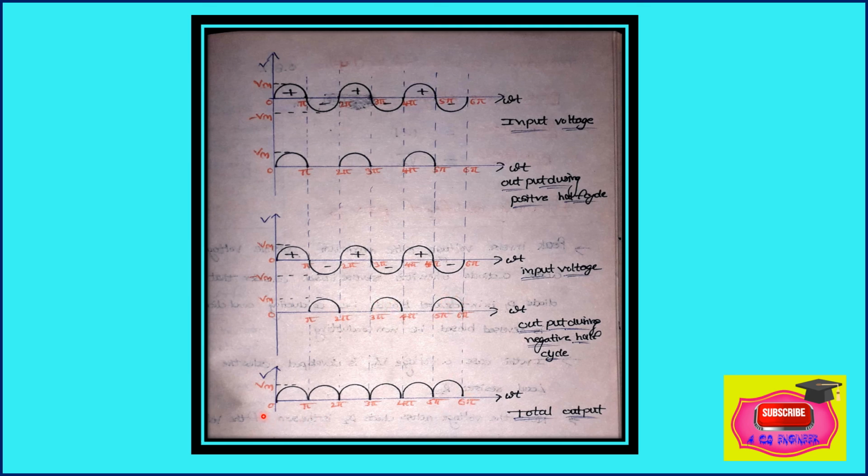This is the full wave, the total output of the bridge rectifier, over 0 to pi, pi to 2 pi, 3 pi, 4 pi, 5 pi, 6 pi. This is the peak inverse value.